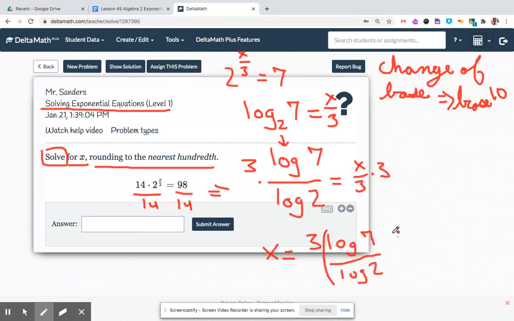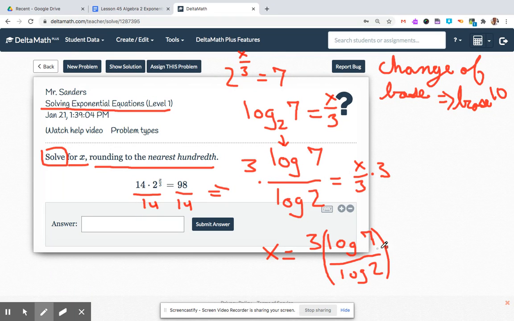I'm going to go ahead and do this first, because remember, you can never round in your math. So I have to keep this in my calculator. So I'm going to do, where's the log key? Log base 10 of 7 equals 0.8451 divided by log of 2, enter.